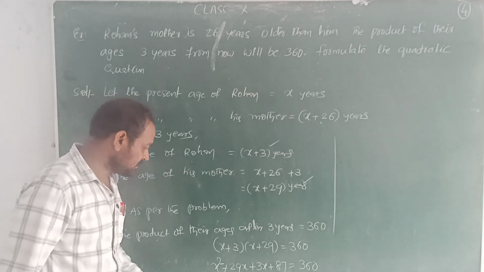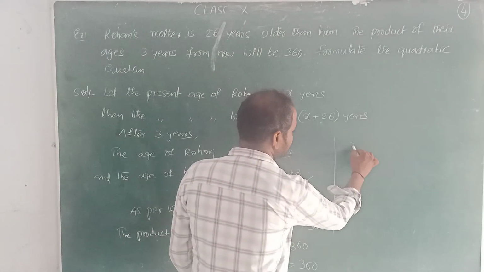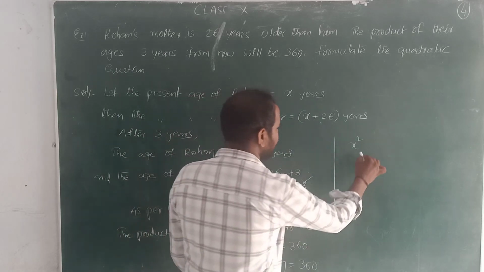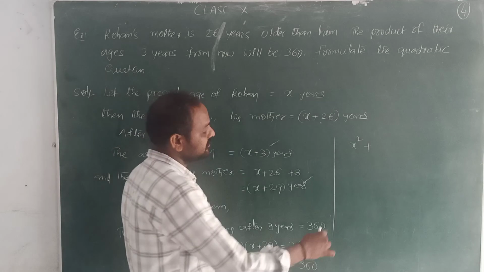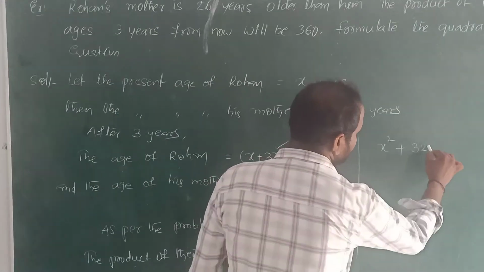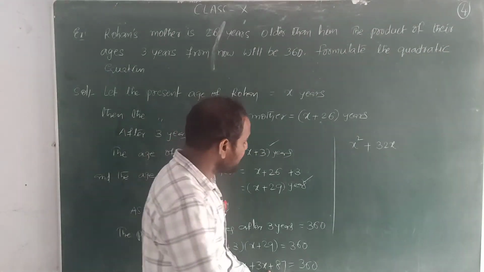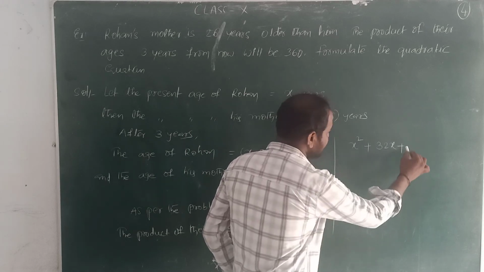So now simplify. X square plus 29x plus 3x, 32x, plus 87.